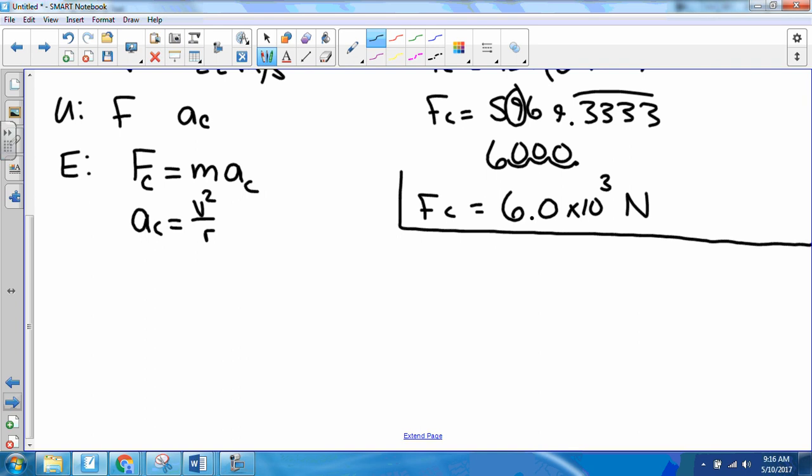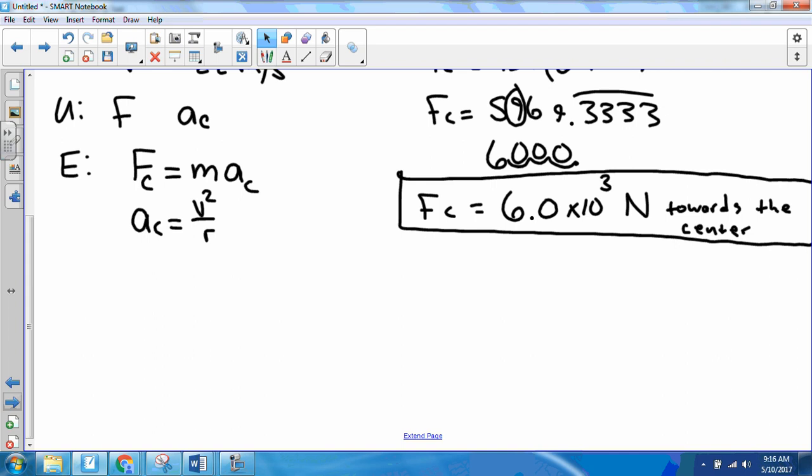Now force is a vector, so I should have a direction. The direction of a centripetal force is towards the center of the circle, or the center of the curve.